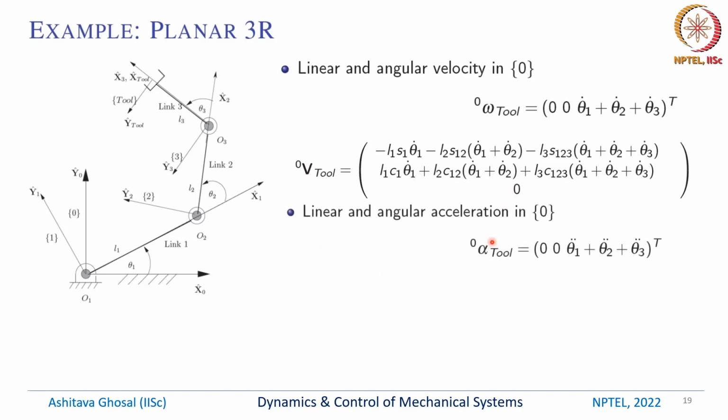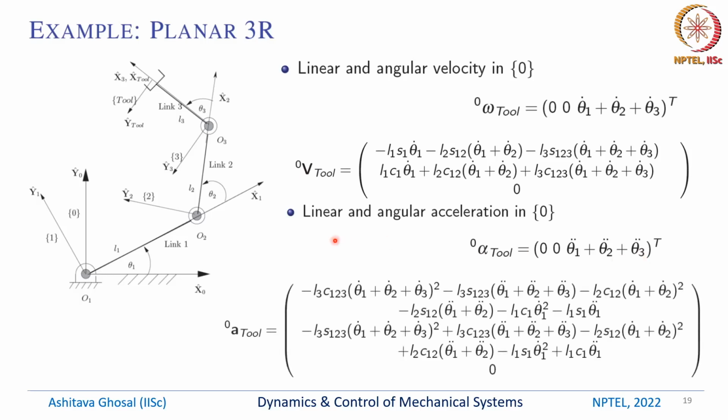The linear and angular acceleration of this last free end with respect to the 0: the angular acceleration is very simple. It is nothing but theta 1 double dot plus theta 2 double dot plus theta 3 double dot. The linear acceleration on the other hand is much more complicated. So what should it contain?